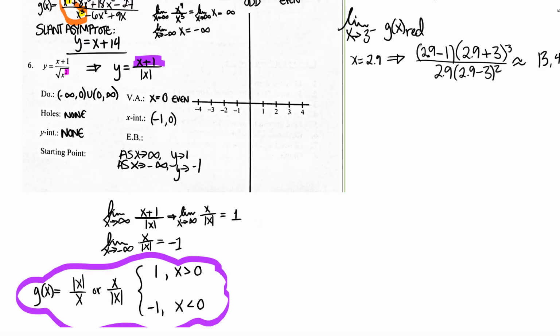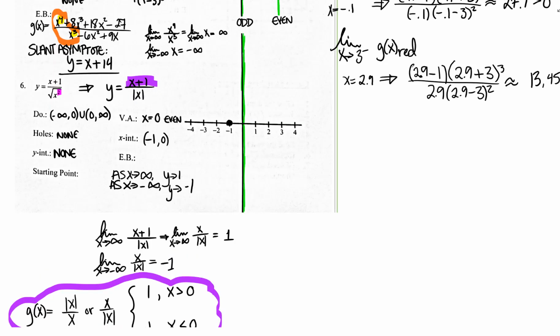I'm going to begin by drawing the vertical asymptote and any poles or intercepts. Let's go ahead and graph those horizontal asymptotes or end behavior asymptotes. So as we approach positive infinity, y approaches 1. So on the positive side, I'm going to go ahead and put this horizontal asymptote.